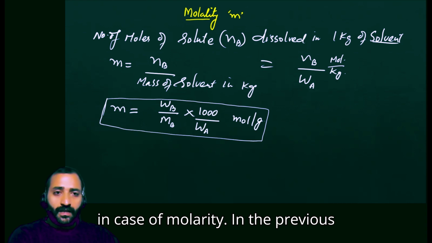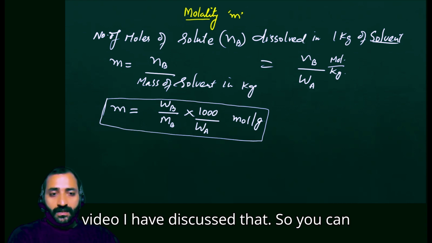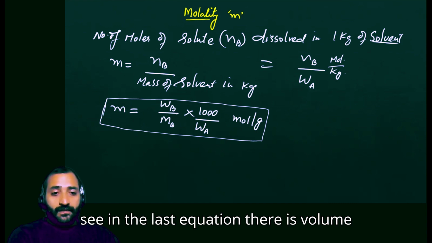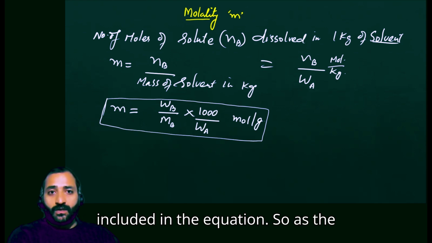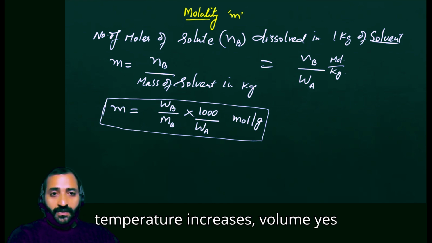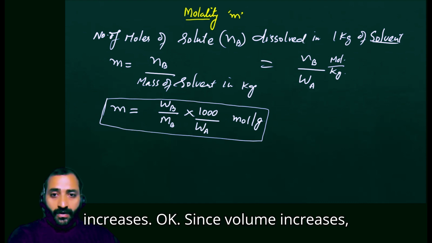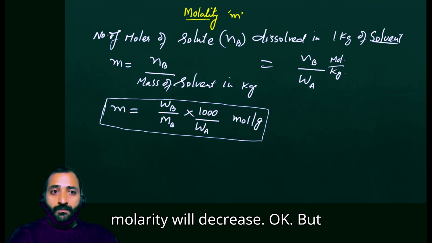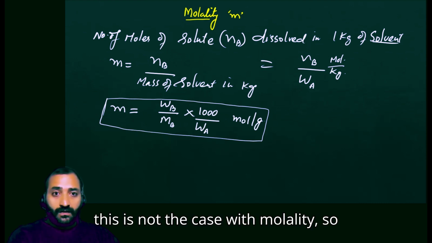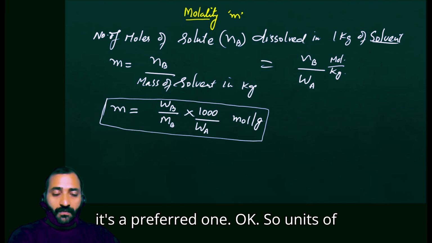In case of molarity, as discussed in the previous video, there is volume included in the equation. As the temperature increases, volume increases, so molarity will decrease. But this is not the case with molality. So it's the preferred one.